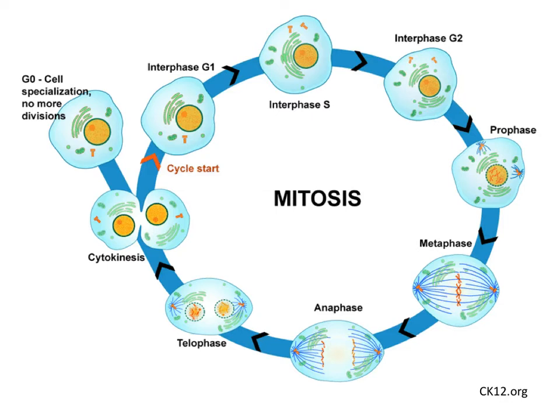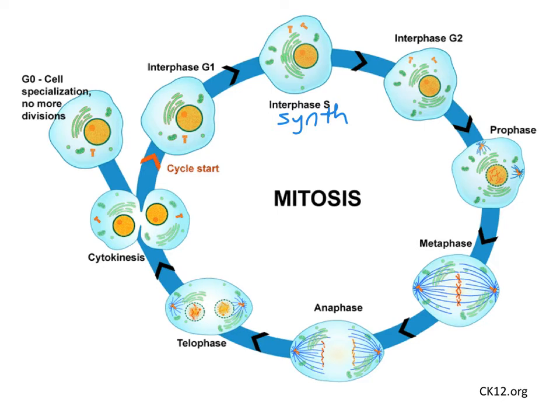So here's mitosis. Where does synthesis happen? Where does DNA replication happen on this chart of the cell cycle? What does S stand for? Synthesis. So that's where DNA replication happens.